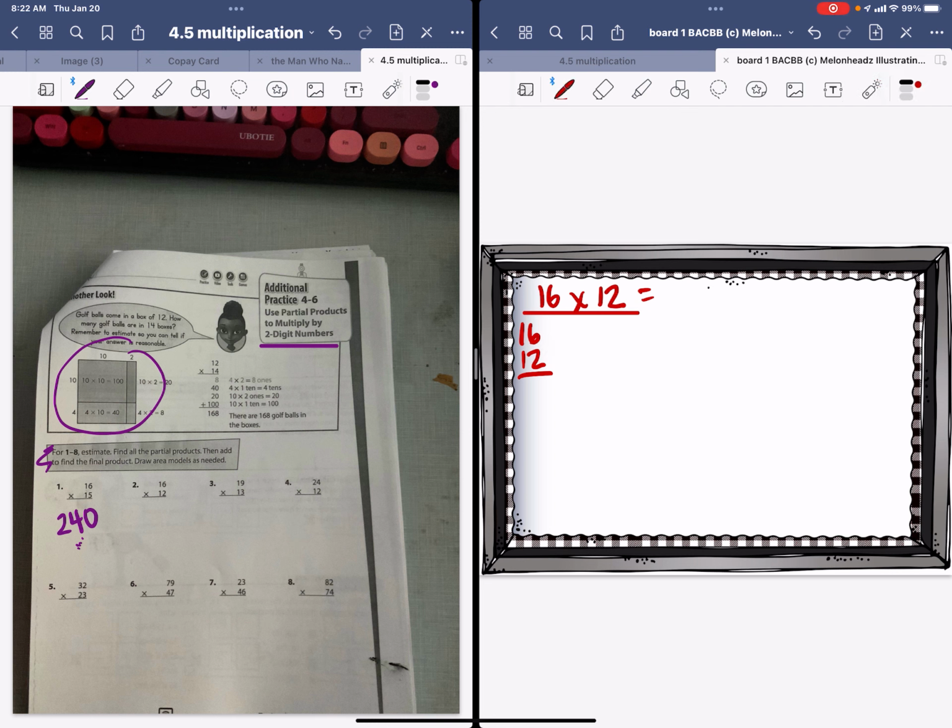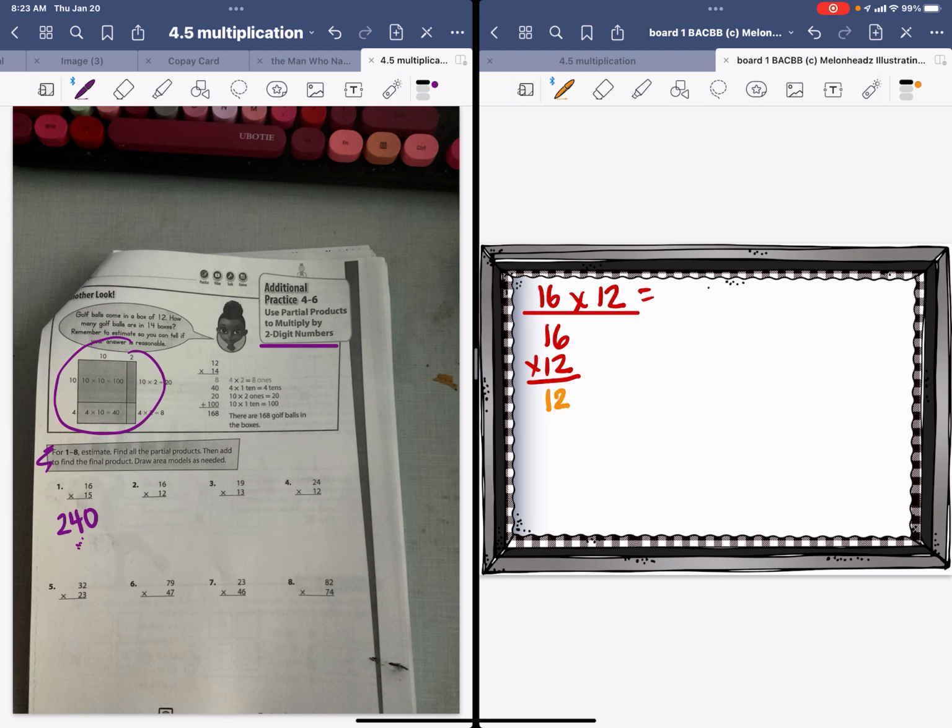All right. So we've got 16 times 12. Let's see. I'm going to erase this one. 16 times 12. Okay, so I'm going to multiply 2 ones times 6 ones. 2 times 6, the product is 12.